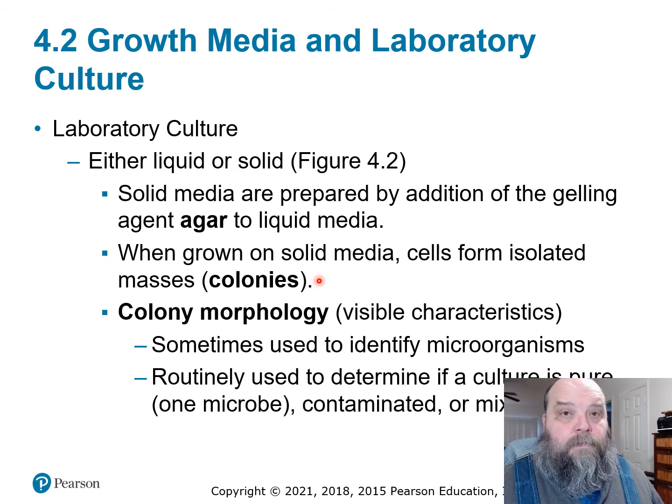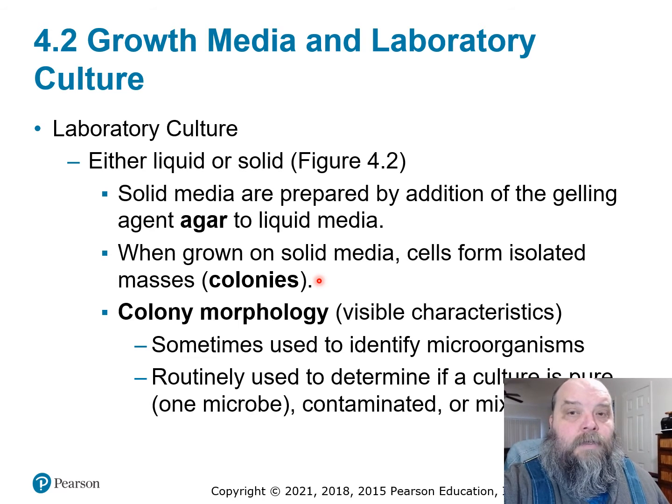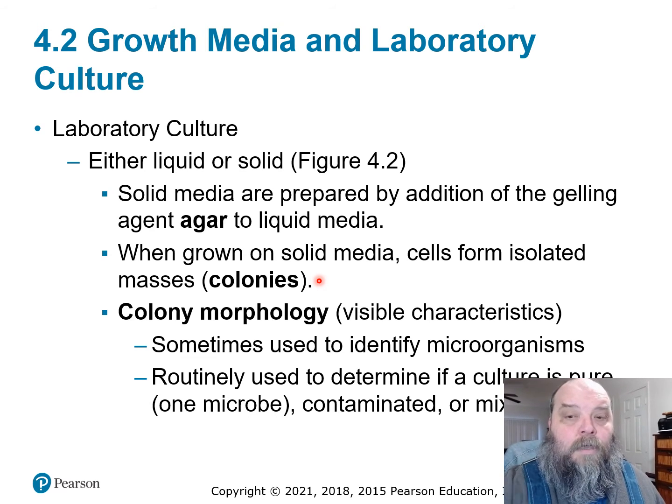which is a good thing, because as we discussed in lab, if I'm going to do any type of assays, biochemical assays, genetic assays, things like that, I need to have one specific species. I can't run the risk that my tube has multiple different types of species present, because that could throw off my results.